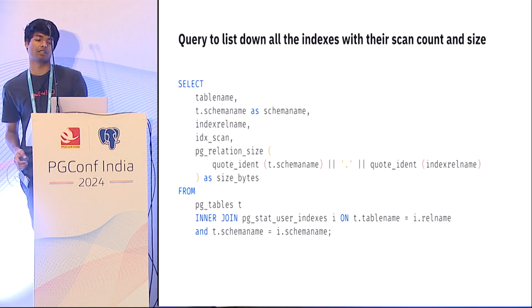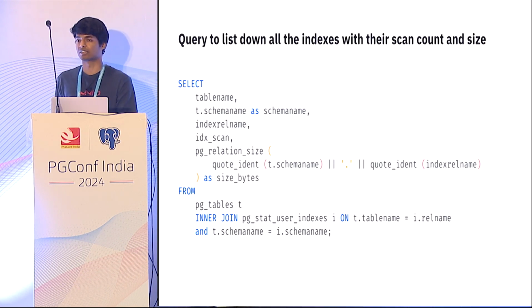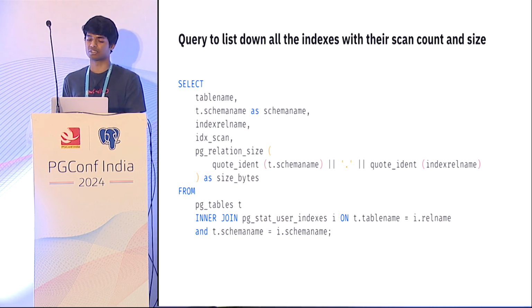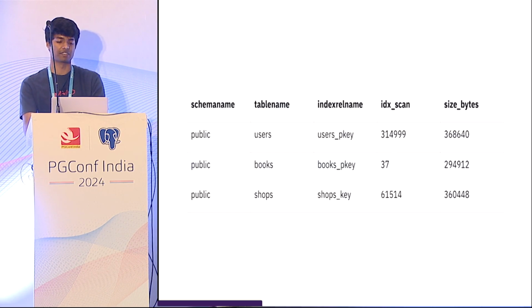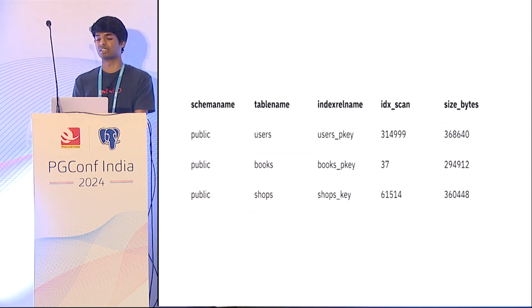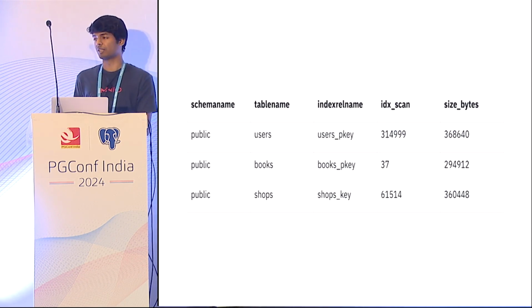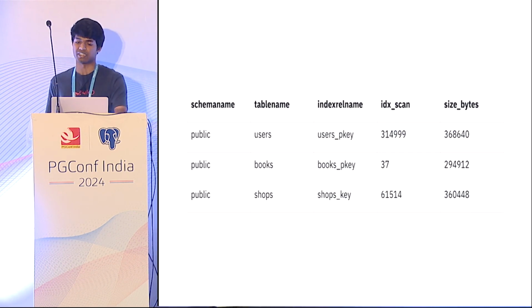For example, there's this query that can list all the indexes with the number of times they have been scanned and the size of those indexes. And the response to this query looks something like this. The first 3 columns are the identifiers, that is, what the schema, table, or index name is, and the last 2 columns are how many times that particular index has been scanned and what the size of that index is.